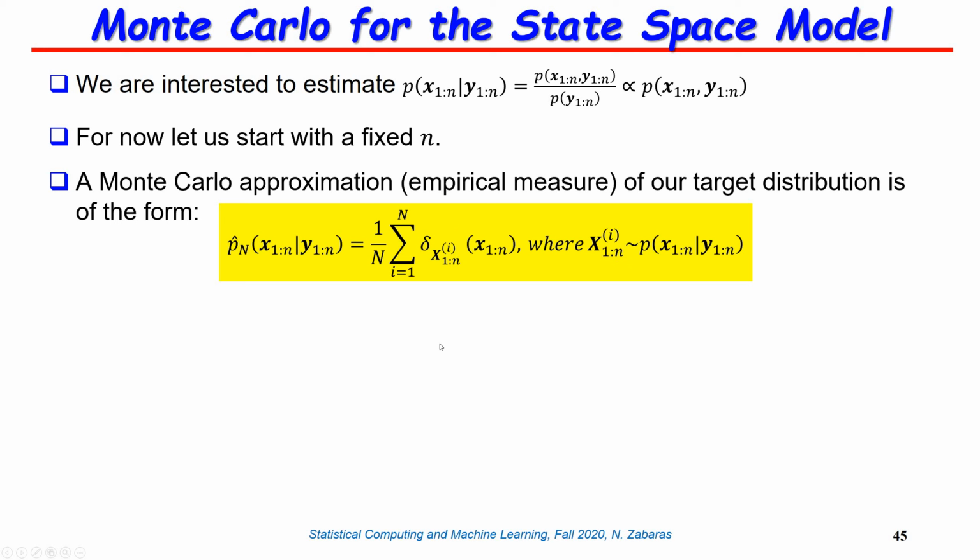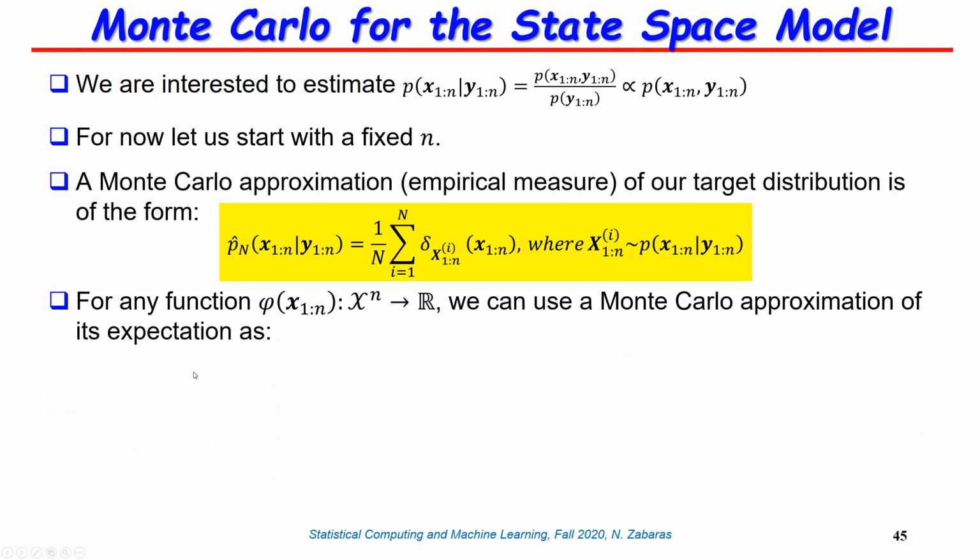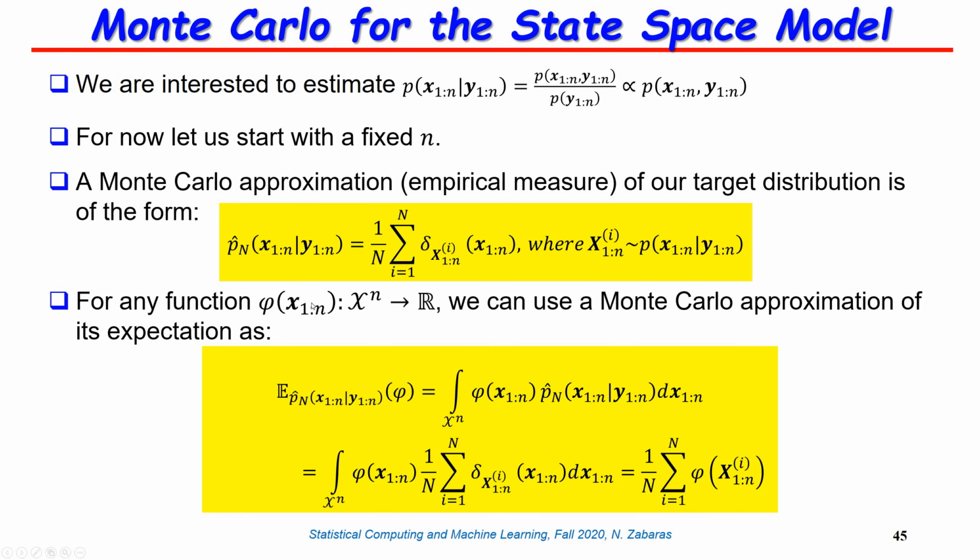This is my standard empirical measure for the target distribution pi. If you have any function of the variables x1 to xn and you want to compute expectations, the expectation under the empirical measure will be nothing else but the empirical mean, exactly as we have before. So cut and pasting, you substitute in the expectation the true distribution with its empirical measure, and you evaluate the integrals, and this is exactly what you get.